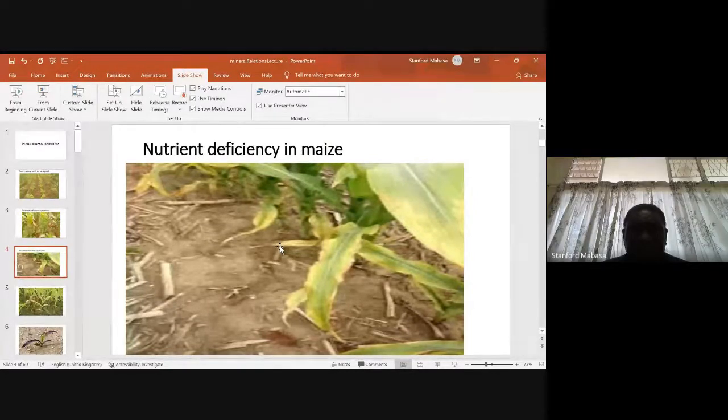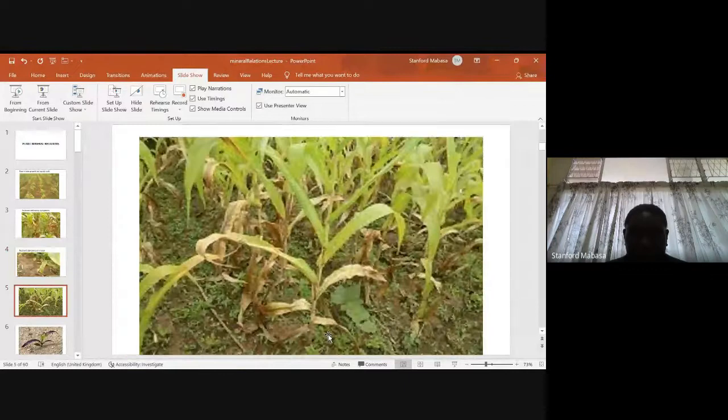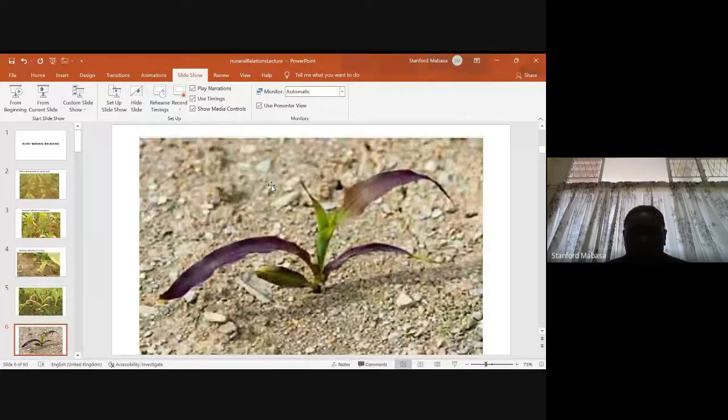Again, we have got maize displaying nutrient deficiency symptoms. You can see the leaves are not that green. Another maize again with leaves which are almost dying. What you see here on this slide, on this young maize plant, is a phosphorus deficiency symptom.